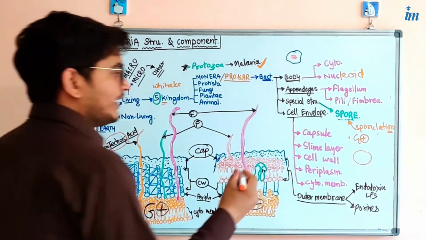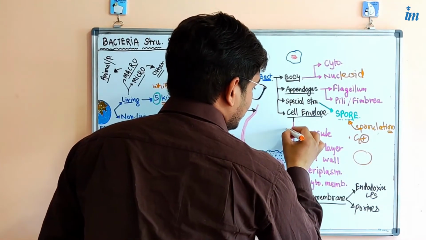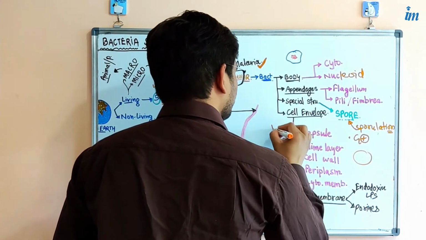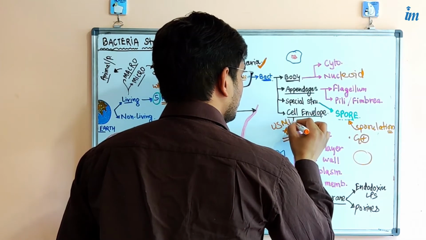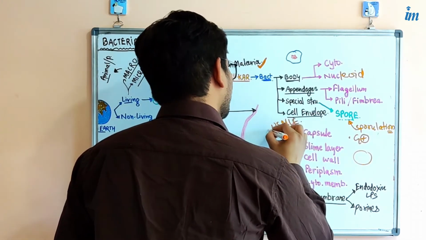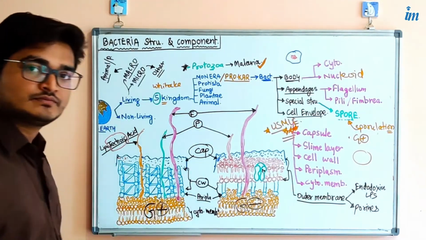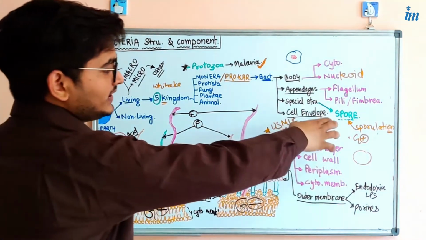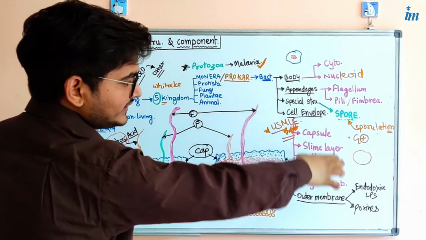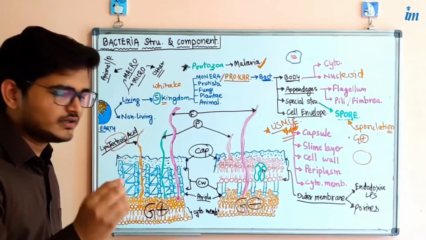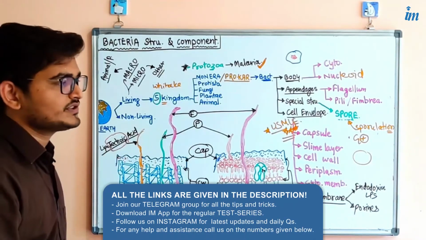This question has been asked three times in USMLE, their sequence. And it is a very famous question for NEET PG also. So their sequence is very important. But if you use your general or basic knowledge, then definitely you will be able to solve these questions.